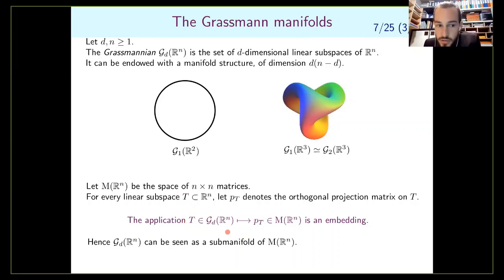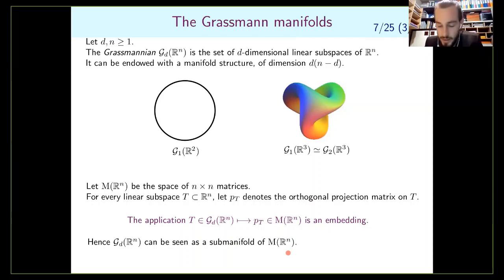Take any point of the Grassmannian, take any d-dimensional subspace of Rn, and map this space to the projection matrix on it, the orthogonal projection matrix with respect to some basis. This map is an embedding of the Grassmannian into the matrix space. So we can see the Grassmann manifolds as submanifolds of the matrix space.